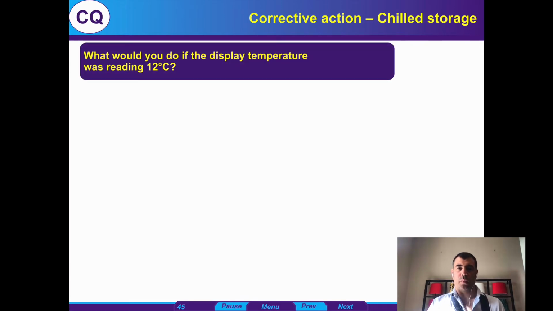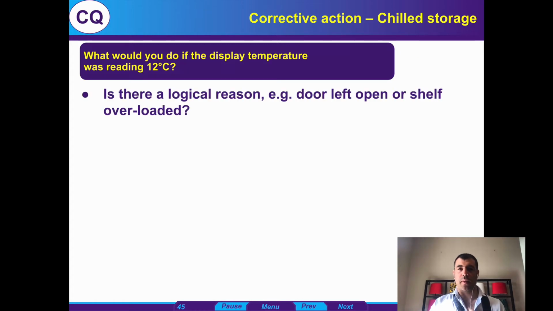So what would you do if the display temperature was reading 12 degrees? Let's say you walk in and you see that the digital reading on the fridge is showing 12 degrees. What should you do? First, you're not going to call the engineer instantly because that doesn't make sense. There might be something else happening.